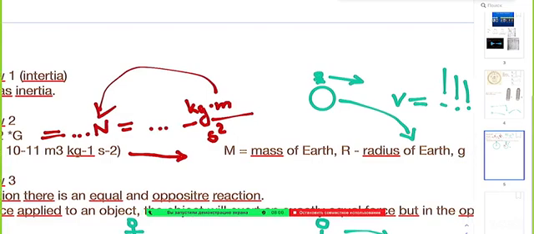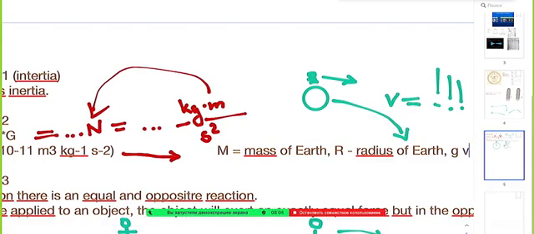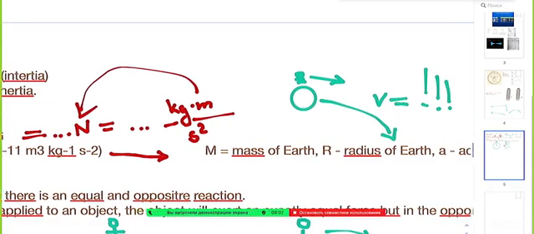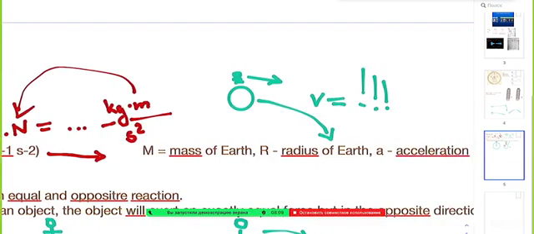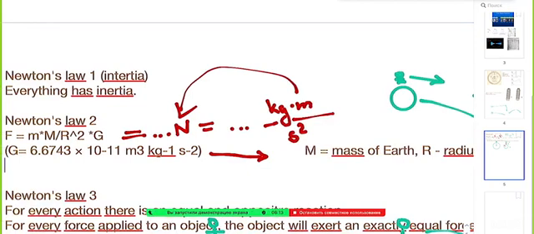If you're talking about cars and airplanes, then you add something else: acceleration, a. And then that first formula becomes the second formula, F equals m times a.